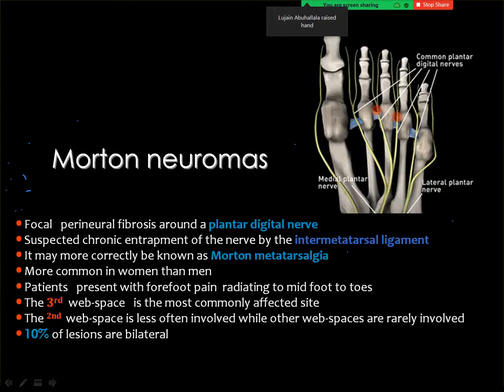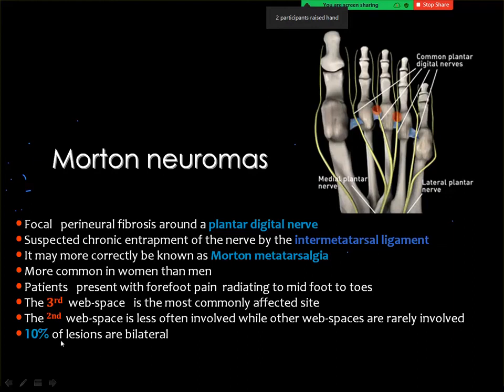And you know that this is not an actual neuroma, but it represents granulation tissue or perineural fibrosis around the interdigital nerve, especially in the third space, and sometimes it can occur also in the second space.